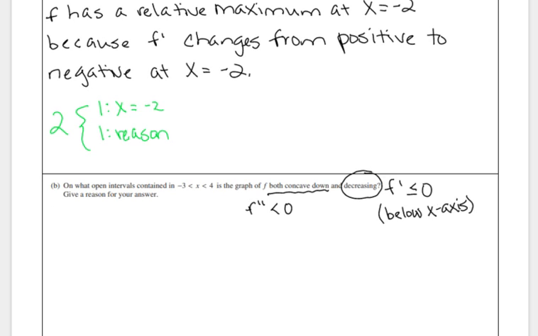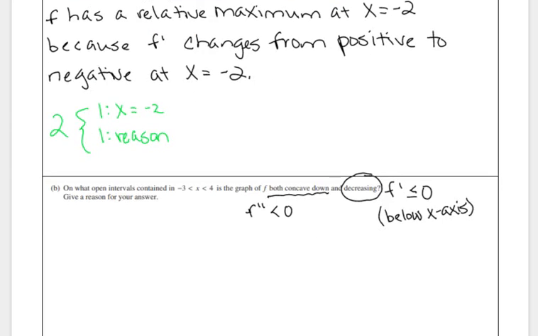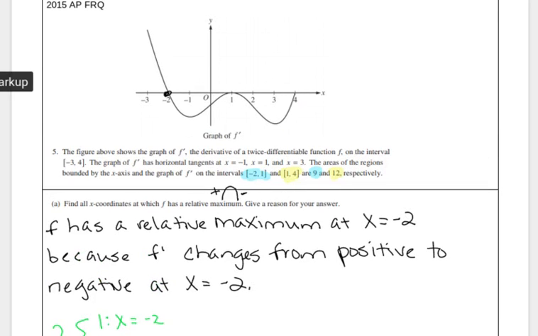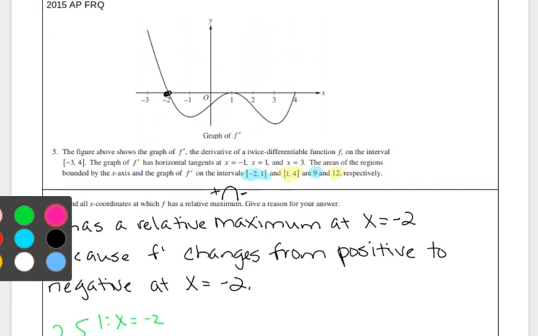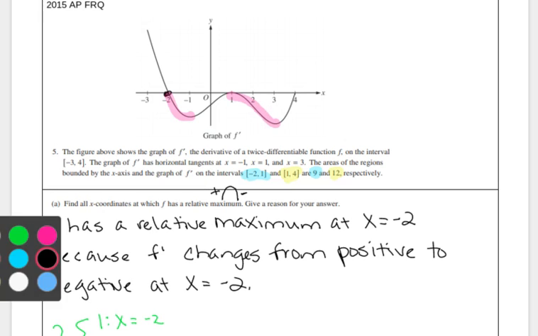And if I'm looking at the second derivative being negative, well, since I'm given the graph of f prime, this must mean I'm looking for a negative slope of f prime. So I'm looking below the x-axis with a negative slope. So from -2 to -1, and then from 1 to 3. So those are the intervals that I'm looking at.